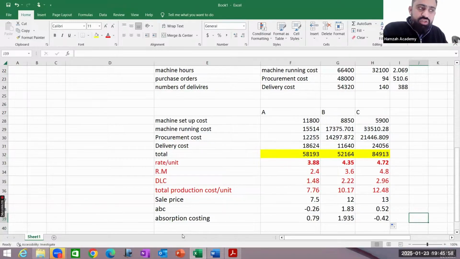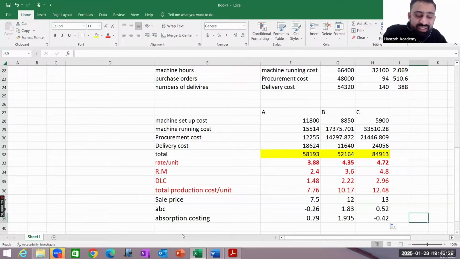Instead, in absorption costing, we just take one activity and absorb the overhead on the basis of that activity, whether the overhead cost is directly related to that activity or not. In ABC, we allocate overhead in a more logical way, using the relevant cost pool with relevant cost drivers. So ABC will result in better costing of the product.